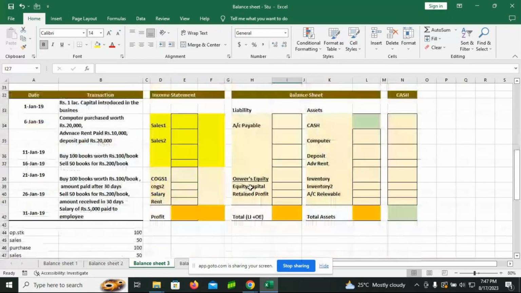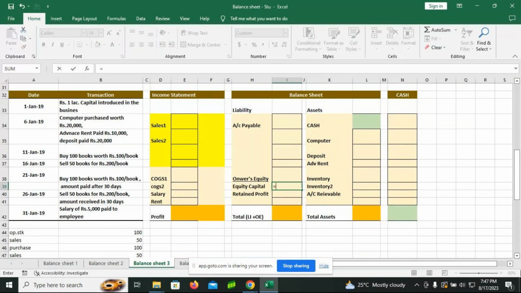So equity here again rupees 1 lakh. Computer I have bought it for 20,000, equals 20,000 deposit. So here deposit I am making 20,000.